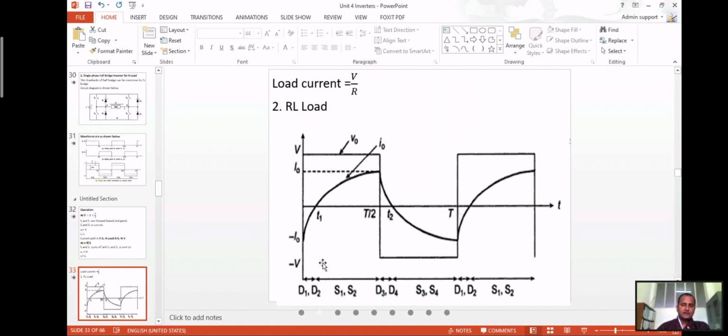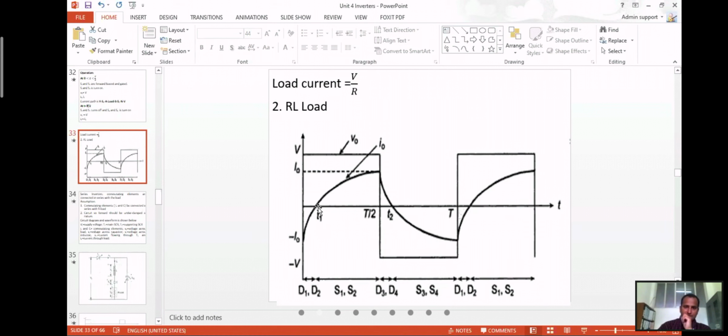When D1 and D2 conduct at this point, the voltage will be positive, and at the same time S1 and S2 are triggered, then it will reach the maximum current I0.